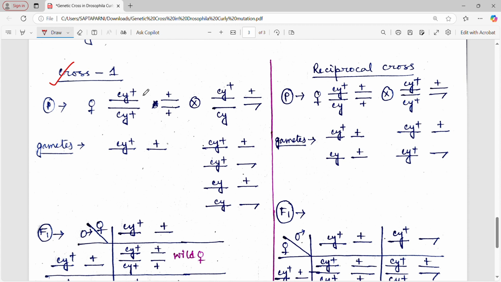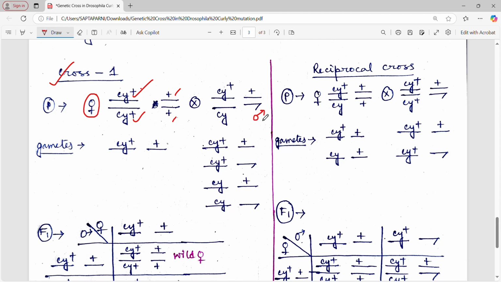So here we are taking the female as the homozygous recessive. So the female has Cy plus, the recessive allele, on both the autosomes. Okay, and as it is a female, obviously two X chromosomes are there which are wild type in nature. Now obviously if you are taking one as the homozygous recessive, then the male parent should be heterozygote.